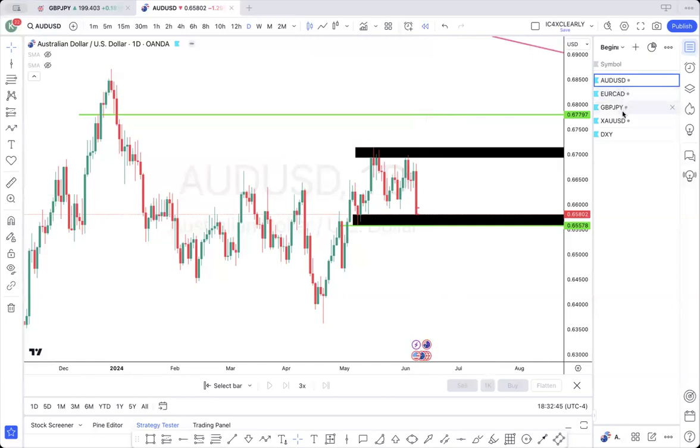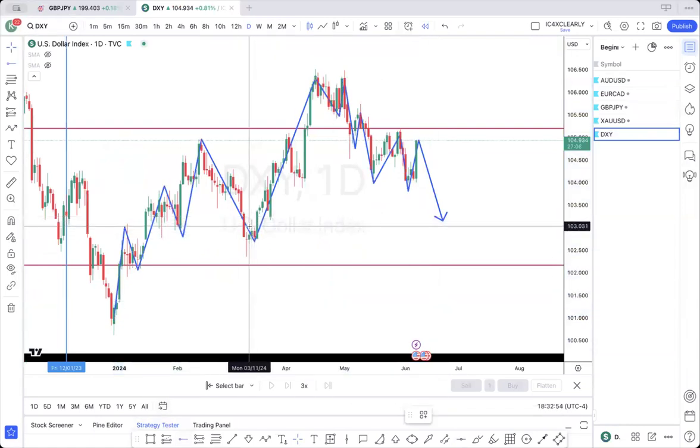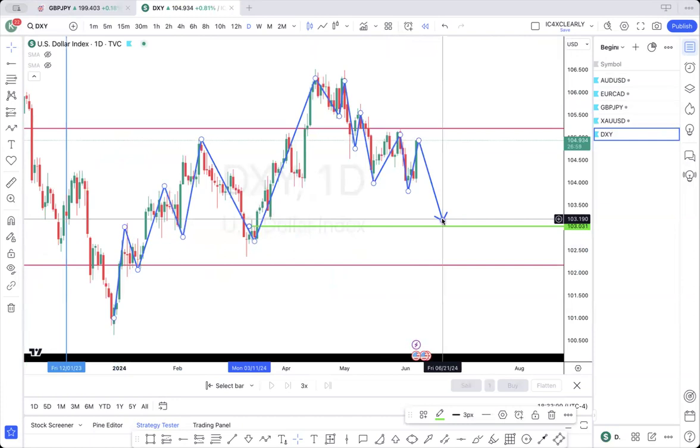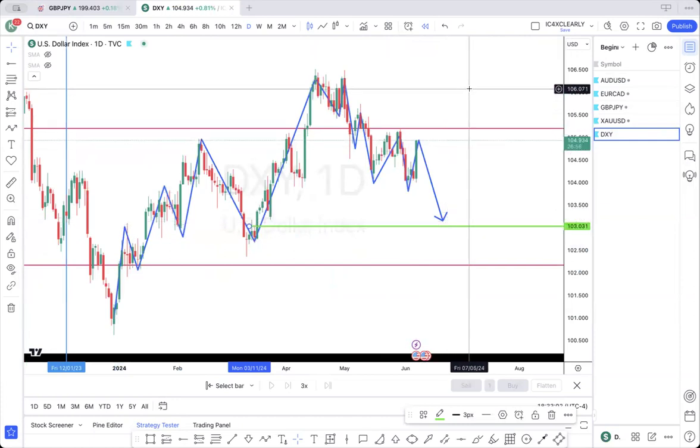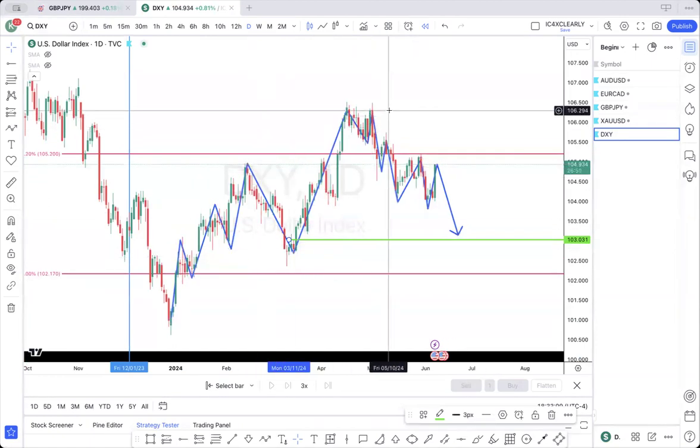If so, then that means the dollar should be selling down. And I would guess that the dollar again would be selling to this area of demand to then start buying back up, possibly. Because this is the last swing. This here is the last swing.